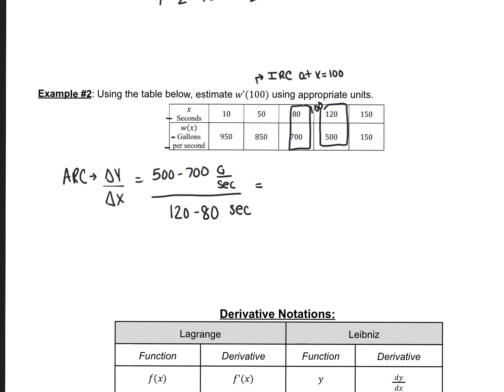So 500 minus 700 is negative 200 gallons per second, all over 120 minus 80, which is 40 seconds. We can divide the negative 200 and the 40, and that will give us negative 5.